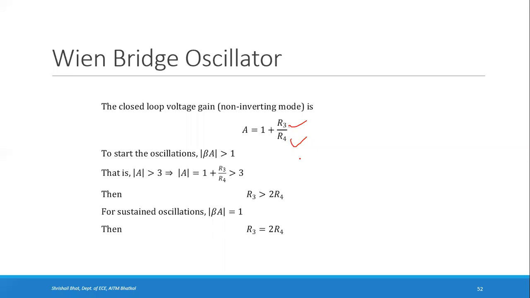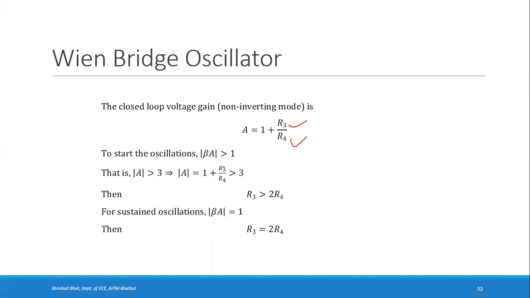So we know that to start the oscillations in an oscillator, Barkhausen's criterion is that the magnitude of beta A should be greater than 1. Since beta is equal to 1 by 3, A should be greater than 3. Here A is 1 plus R3 by R4. If 1 plus R3 by R4 is greater than 3, R3 by R4 will be greater than 3 minus 1, that is 2.